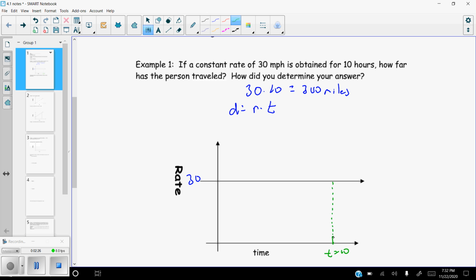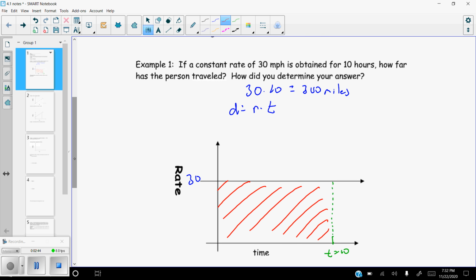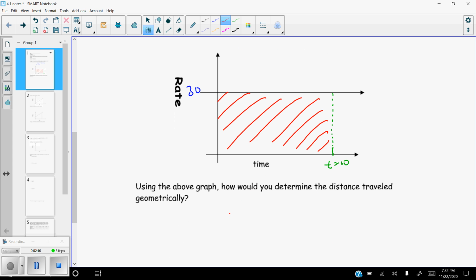Well, if you were to take the area of that rectangle, well, area of a rectangle is base times height, so 10 times 30, 300. That's all that it is. It's the area of that rectangle.